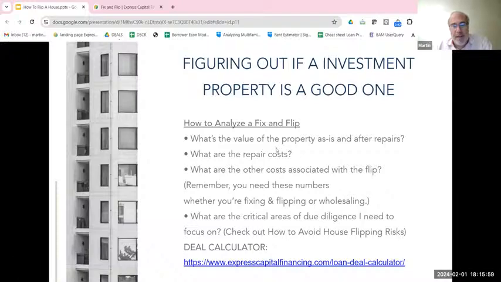For the newbies out there doing deals, they may tell me sometimes, oh, I don't want to make anything less than 75 or $100,000. I say, what's wrong with making a little bit less, learning while you're learning, educating yourself as you're doing a deal? Because that $80,000 potential profit can turn into zero, or it can turn into 20 or 30.